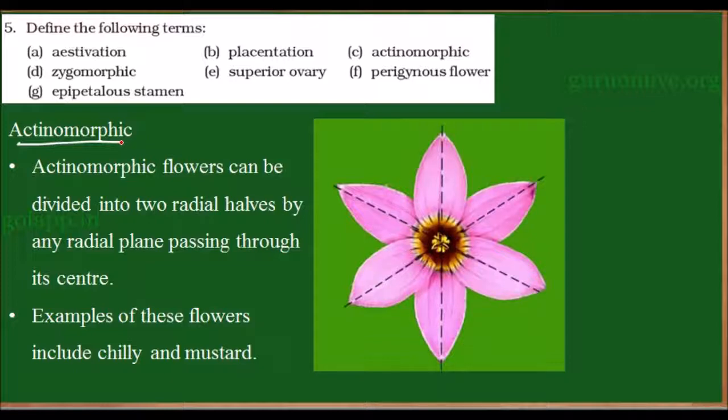In case of actinomorphic, a flower can be divided into two radial, equal halves when the plane passes through any direction, but it should pass through the center. The flower can be equally divided into two parts when the radial plane passes through the center in any direction. Such flowers are called actinomorphic. The two halves will be equal or symmetrical. Examples for such flowers are chili and mustard.